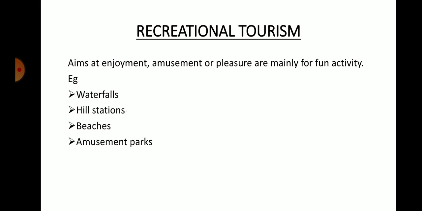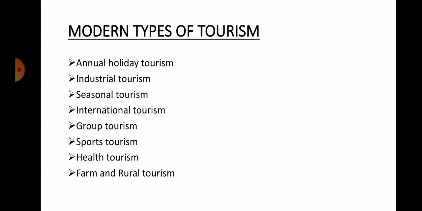Then recreational tourism. This type of tourism focuses on amusement, pleasure, and fun activity. For example, waterfalls, hill stations, beaches, and amusement parks are examples of recreational tourism. Apart from these six, there are modern types of tourism also available now.